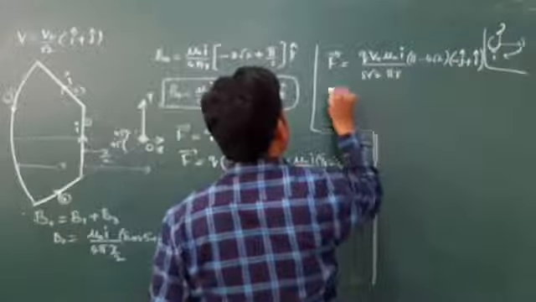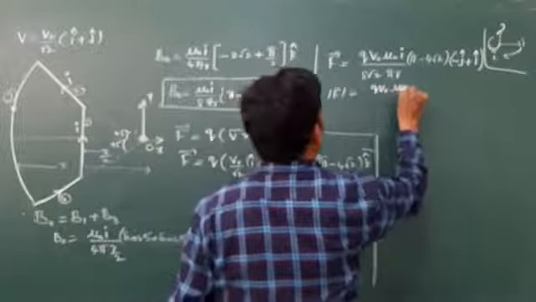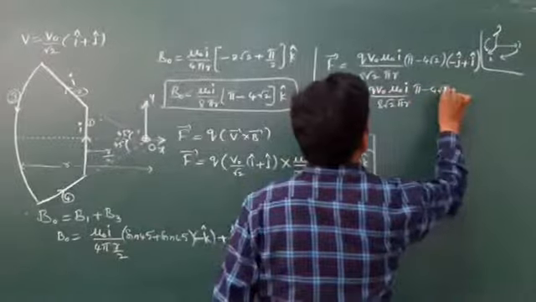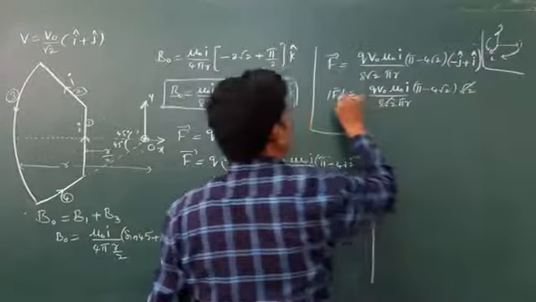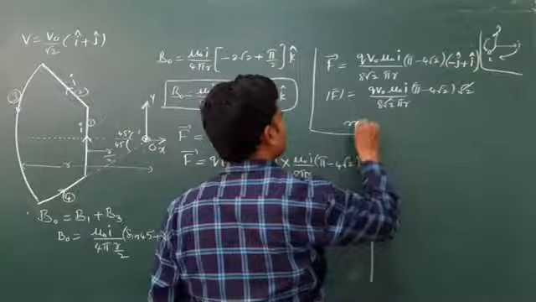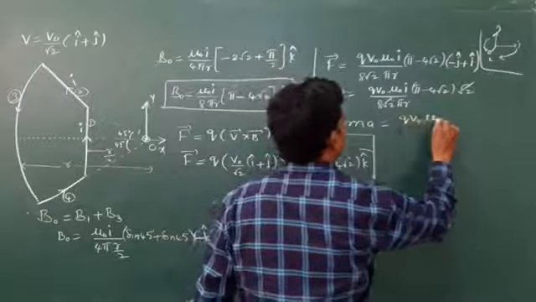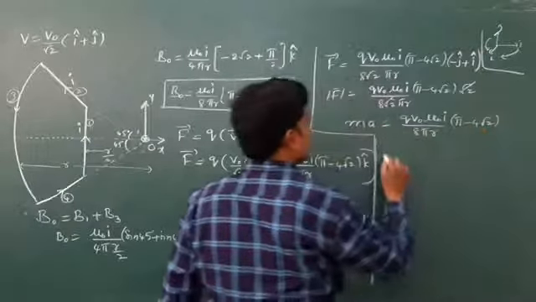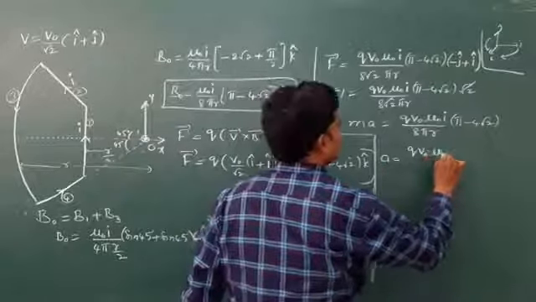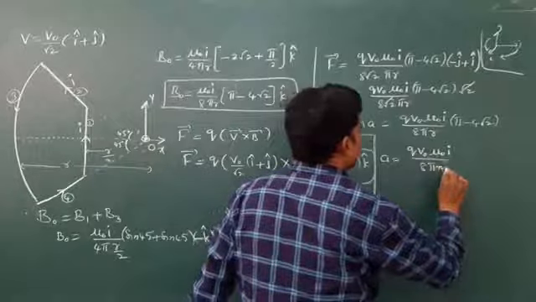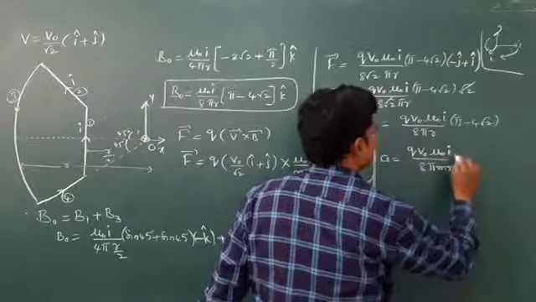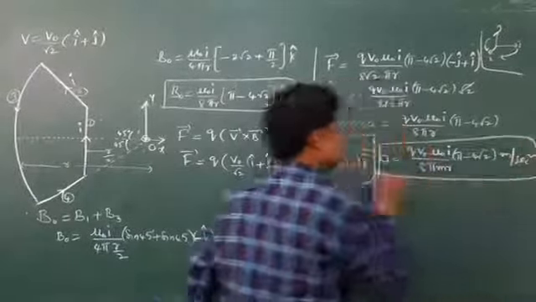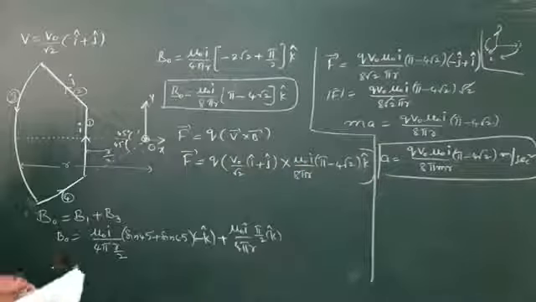So F is q v naught mu naught I by 8 root 2 pi r (pi minus 4 root 2) times root 2; root 2 and root 2 cancel. So F is nothing but ma, and the acceleration of the charged particle is q v naught mu naught I by 8 pi m r (pi minus 4 root 2) meter per second square.